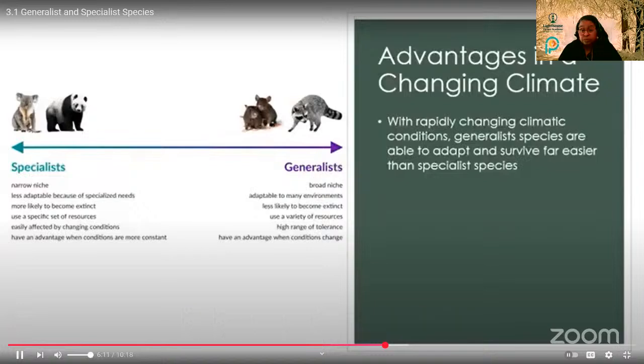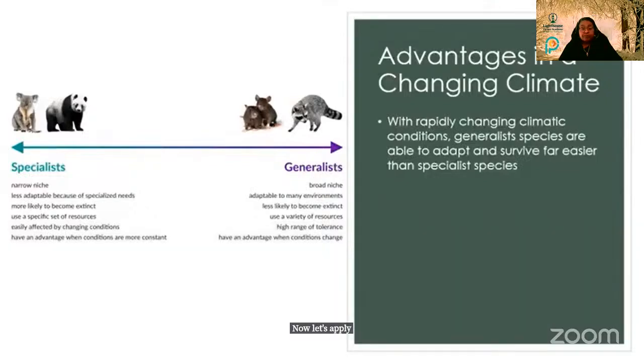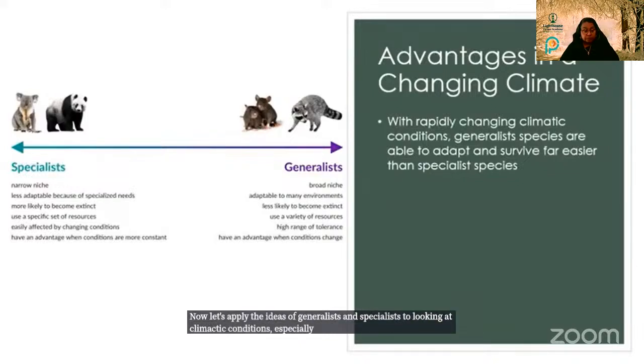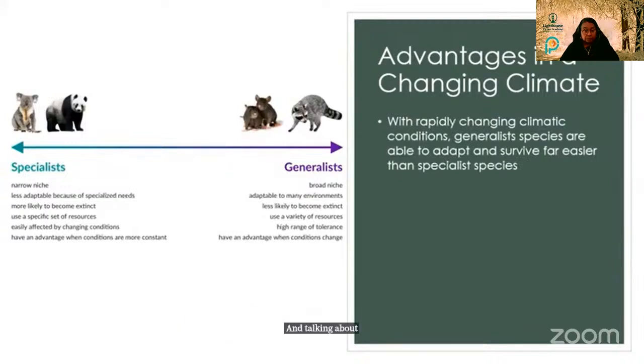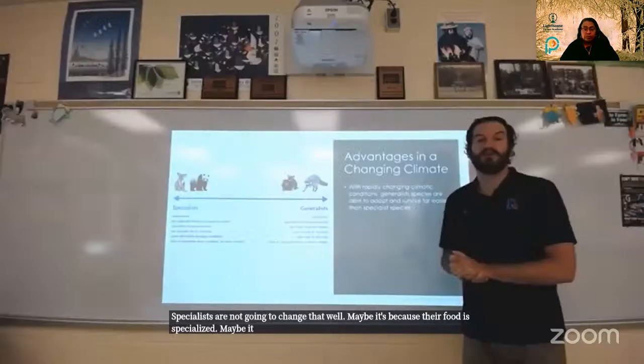Now let's apply the ideas of generalists and specialists to looking at climatic conditions, especially with climate change being a big thing, and talking about how these species have learned or can adapt to a changing environment. Specialists are not going to change that well. Maybe it's because their food is specialized. Maybe it's because the habitat in which they grow is specialized.